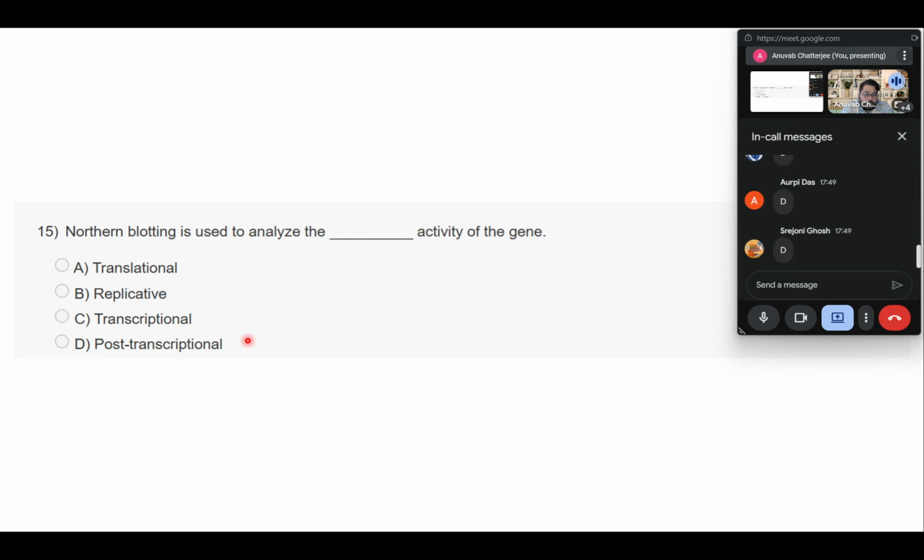You can put in what you think is the correct option. Chandu says transcriptional. Anyone else?